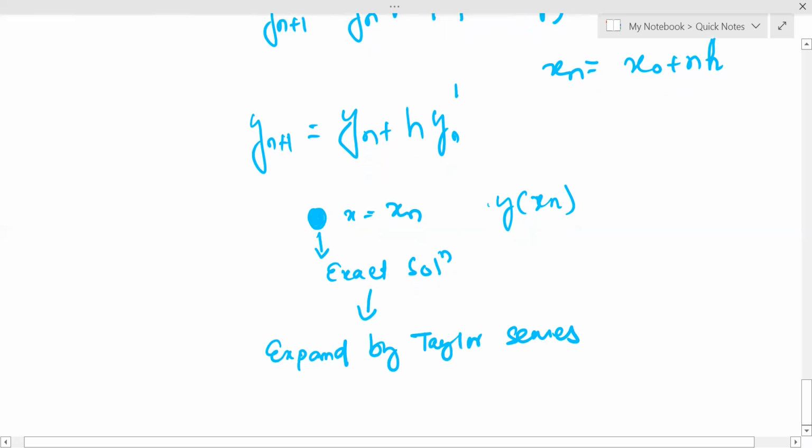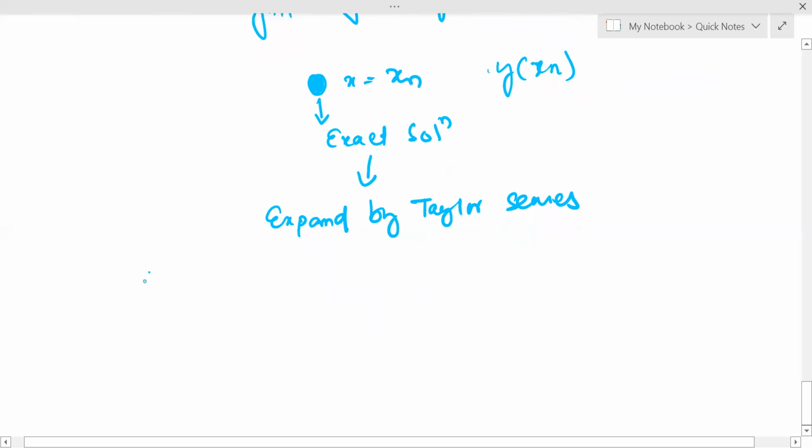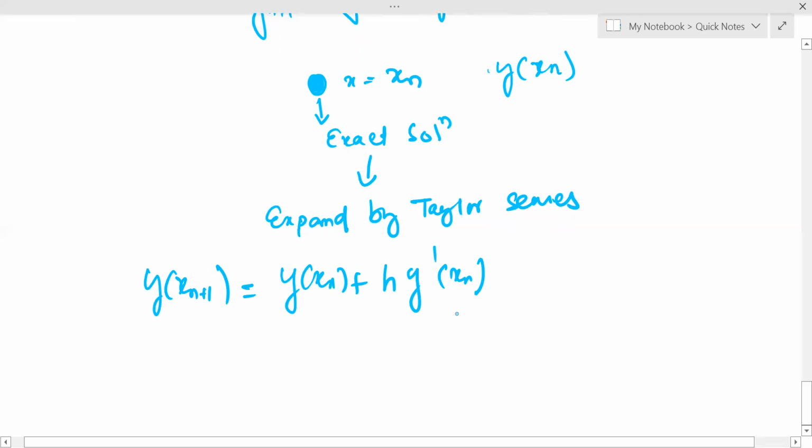So how to expand this? That expansion becomes y of xn plus 1 equal to y of xn plus h into y dash of xn, plus error, because this is 1/2 h squared y double dash of xi.